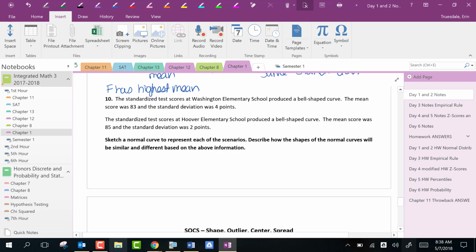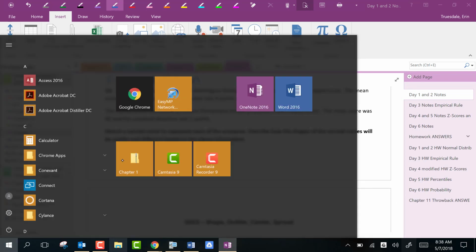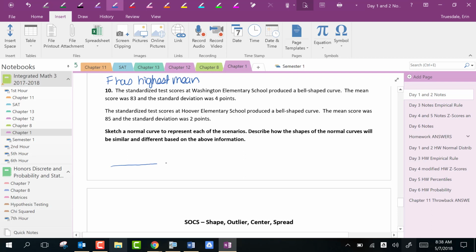Okay, so let's make one for Washington. It said the mean at Washington was 83, so put that in the middle. Standard deviation is how spread out from the mean this is. So every time I go one standard deviation away from the mean, I'm going to either add 4 or subtract 4. So here I'm going to add 4 to 83 and get 87.